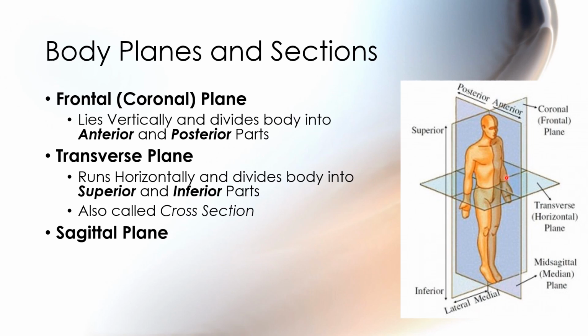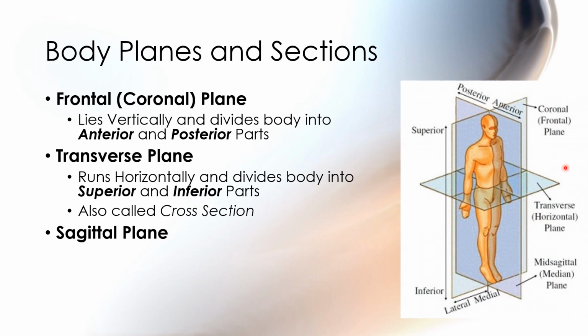And these can be made anywhere along the body, right? So you could cut it right at the neck and just have the head superior and the rest of the body inferior. So that's a transverse plane. And how I think about transverse as being horizontal, I think about crossing a T. So T crosses over for transverse.